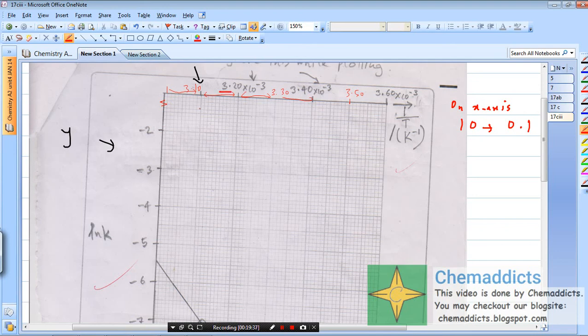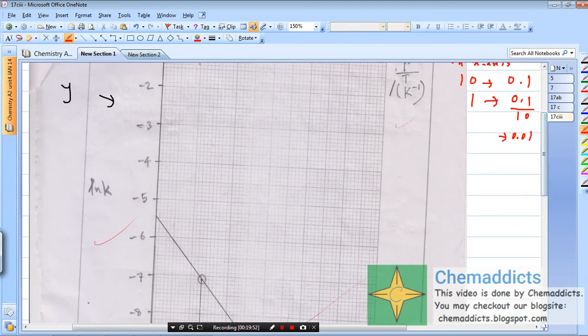Here 3 is common, 3, 3. I hope that you have understood. Just like that, 0.1 divided by 10 will give us 0.01 on the x-axis. And let us move on to the y-axis.